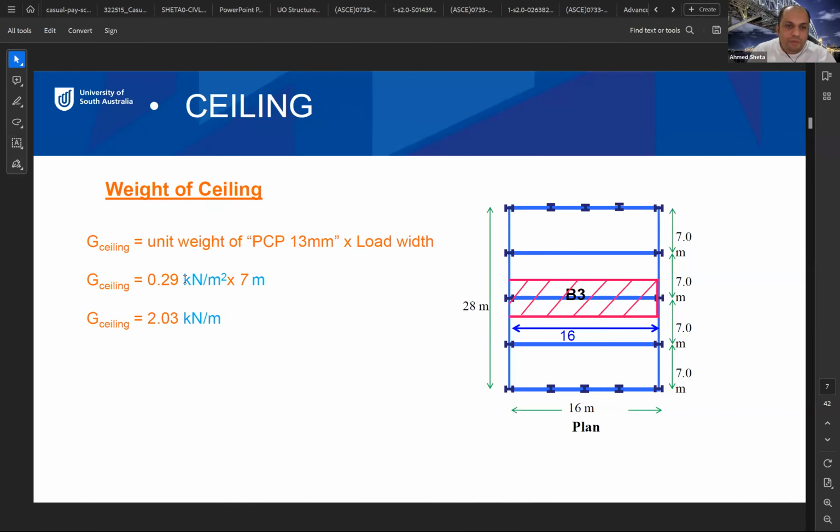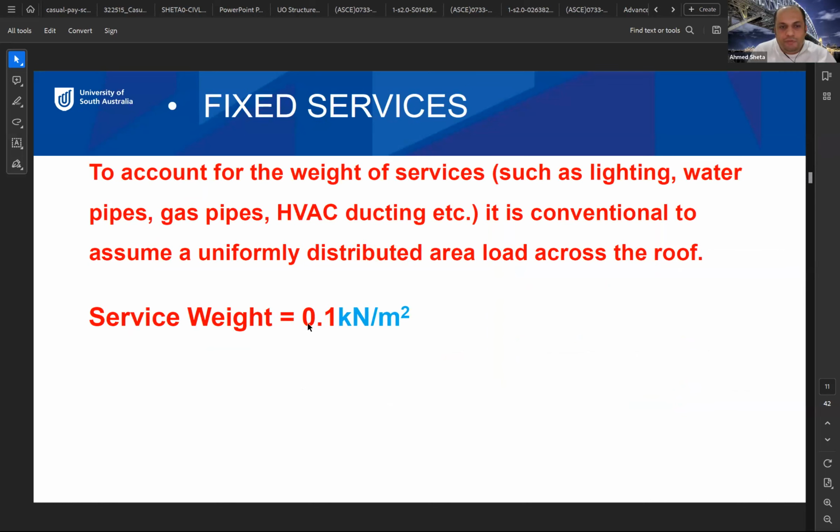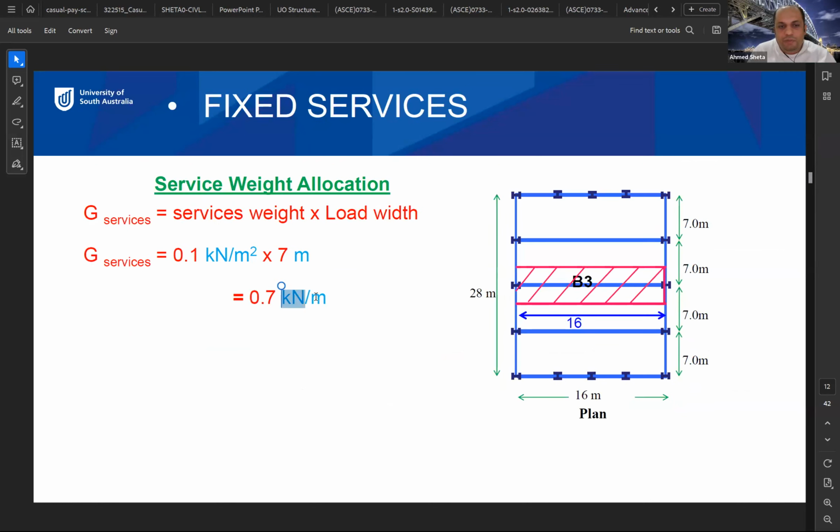We multiply by the load width. So again, anything in kilonewton per square meter for beams, we need to multiply by the load width. So to convert this to kilonewton per meter, we need to multiply it by the load width, which is 7 meters.